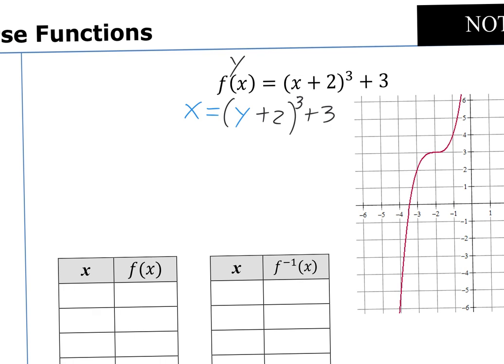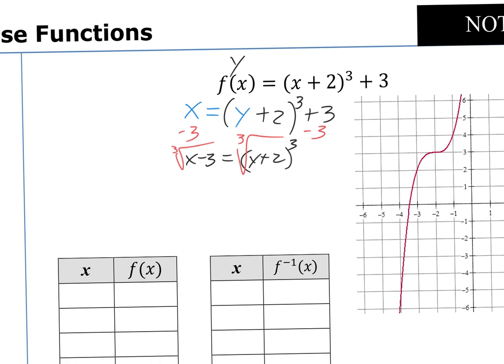And now what we want to do is solve for y. We want to get y all by itself, just like y was all by itself here. No big deal. We're going to subtract 3 from both sides. I get x minus 3 equals y plus 2 in parentheses cubed. I have to get rid of that cube, so I'm going to take the cube root of both sides.